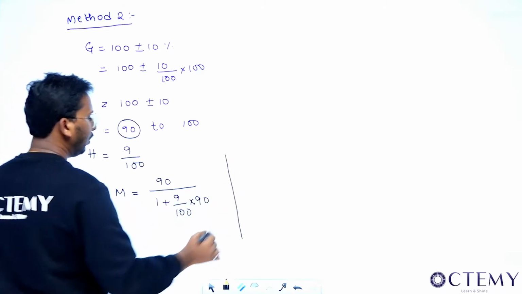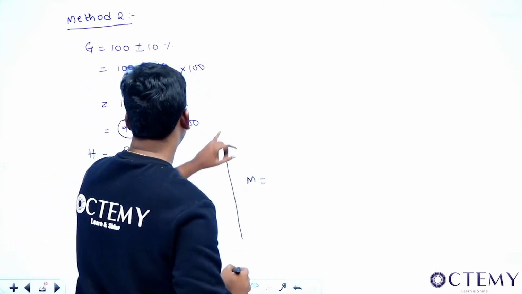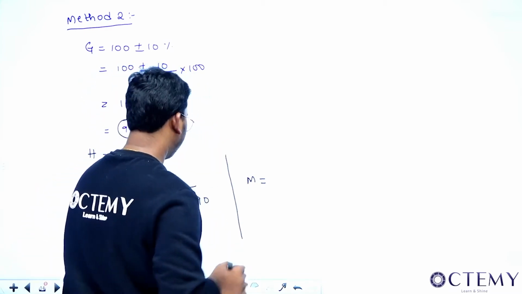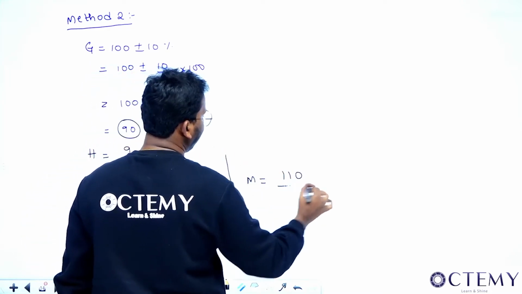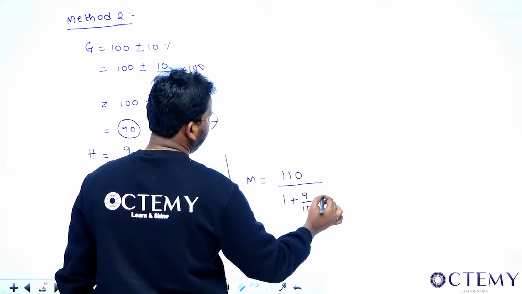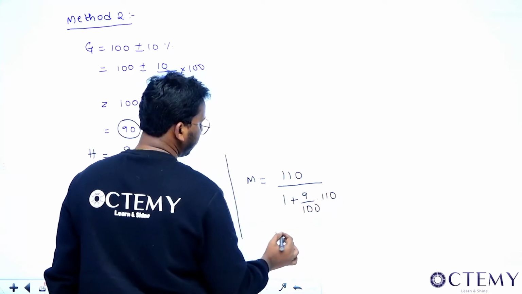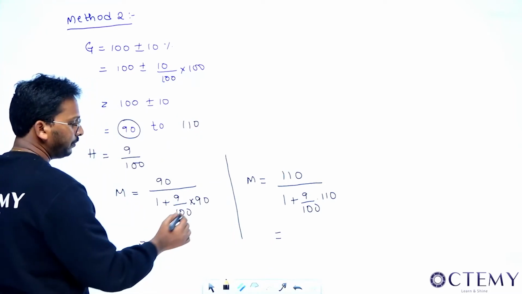Similarly, you will get M is equal to 110 divided by 1 plus 9 by 100 into 110. So what will this and this be equal to?